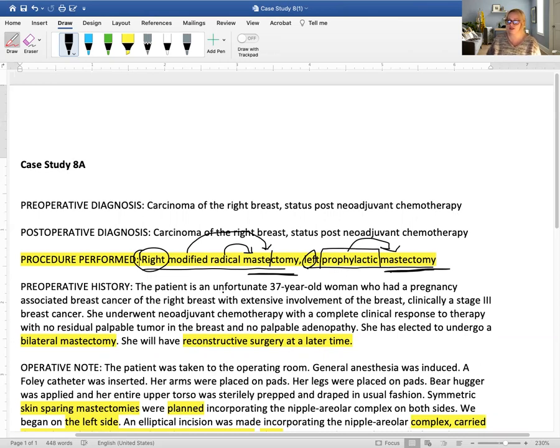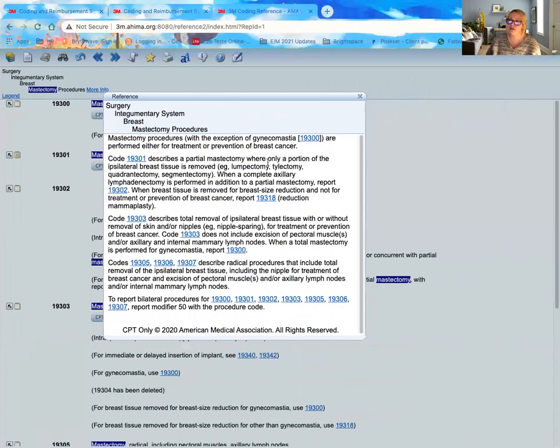She's an unfortunate 37-year-old woman who has had pregnancy-associated breast cancer, extensive involvement of the breast, clinically stage 3, underwent chemo, complete clinical response to therapy, no residual palpable tumor, no palpable adenopathy, and has elected a bilateral mastectomy, after which she will have reconstructive surgery at a later time. So that tells me a little bit of information before I get started.